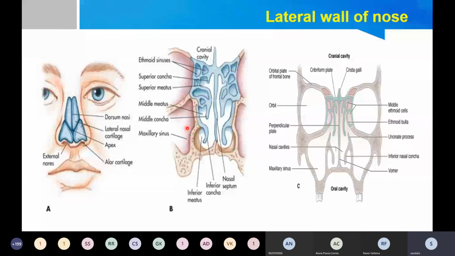This mucus present in the paranasal air sinuses has to drain into the nasal cavity. Any obstruction in the drainage leads to sinusitis, which you would have heard about. Sinusitis means inflammation of the paranasal air sinuses. It occurs when the mucus in these air sinuses fails to drain into the nasal cavity because it gets blocked.